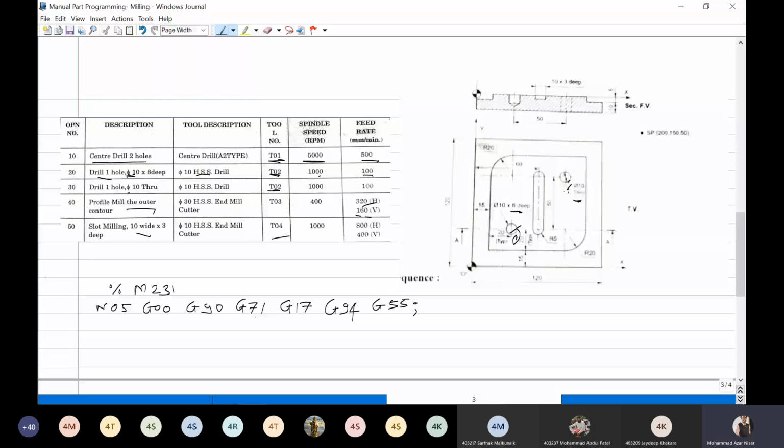In this problem they have given you the starting point 200, 150, and 50, similar to the previous problem. So again you have to use here X200, Y150, and Z50. Now, after mentioning this, you have to move your tool to the origin position, the origin of the workpiece, where X, Y, and Z are equal to 0.